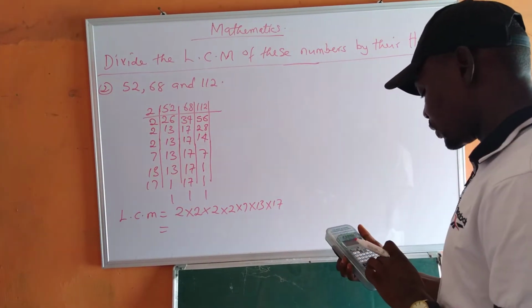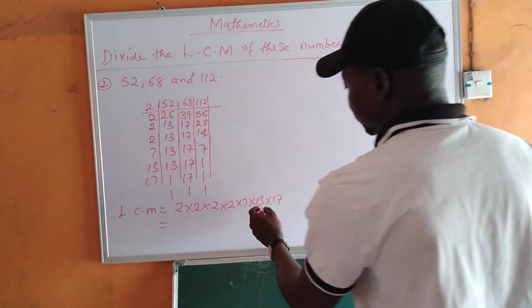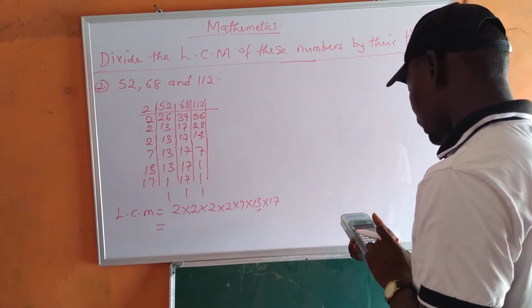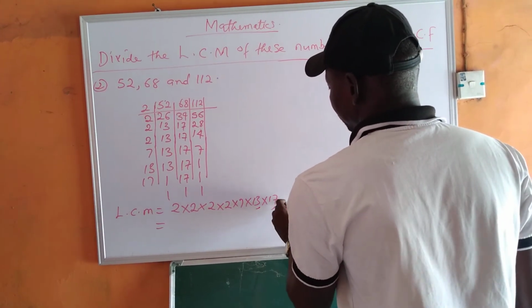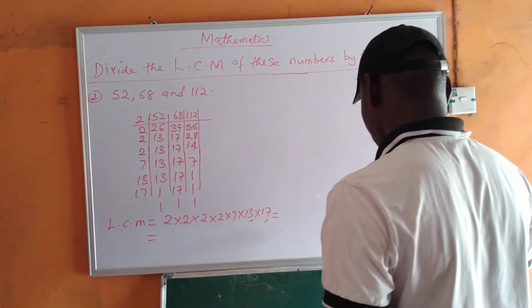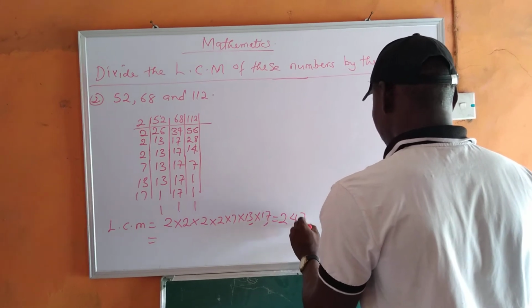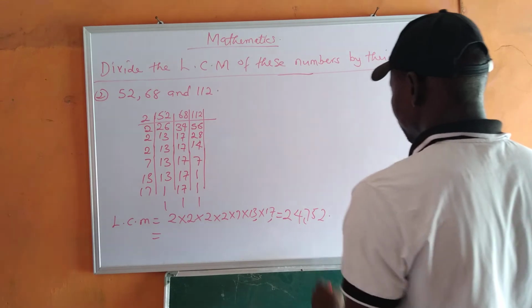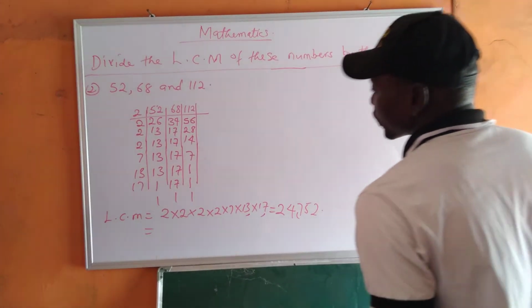So let's use our calculator. 16 times 7 gives us 112. 112 times 13 gives us 1456. 1456 times 17 gives us 24,752. That is the L.C.M.